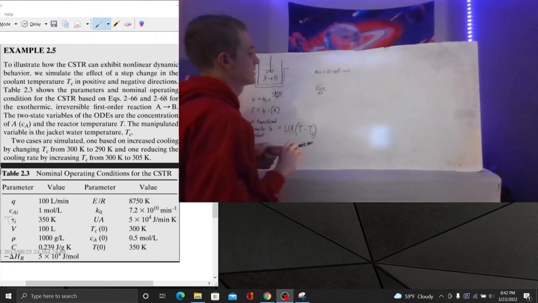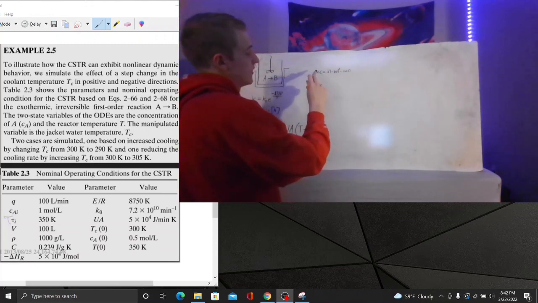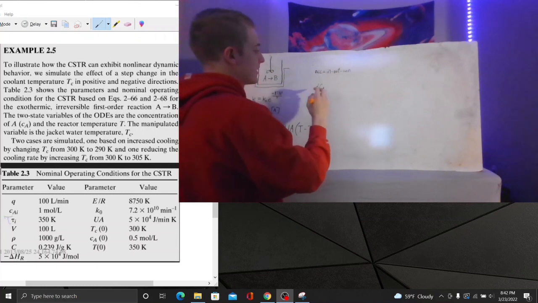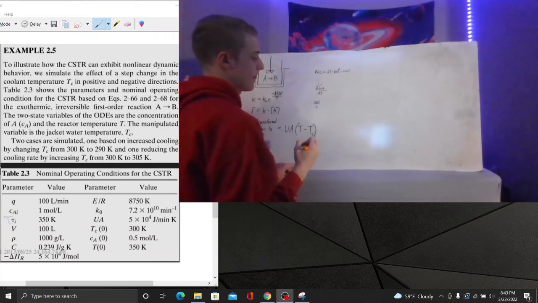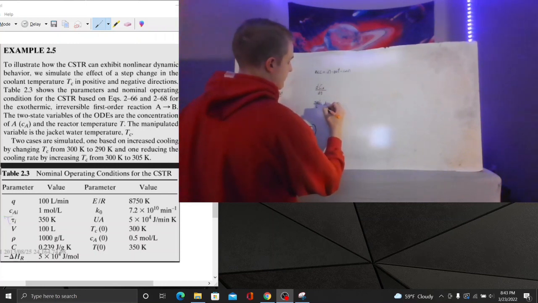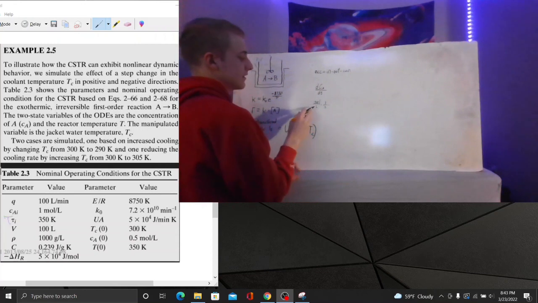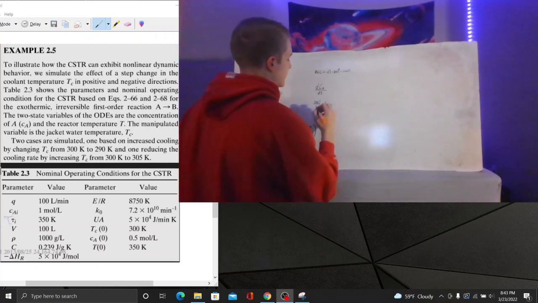So for this situation, we're going to want this all in mass, obviously. So this is going to start off as our concentration, which is mole per liter, and then times 1 over the time in seconds or whatever.